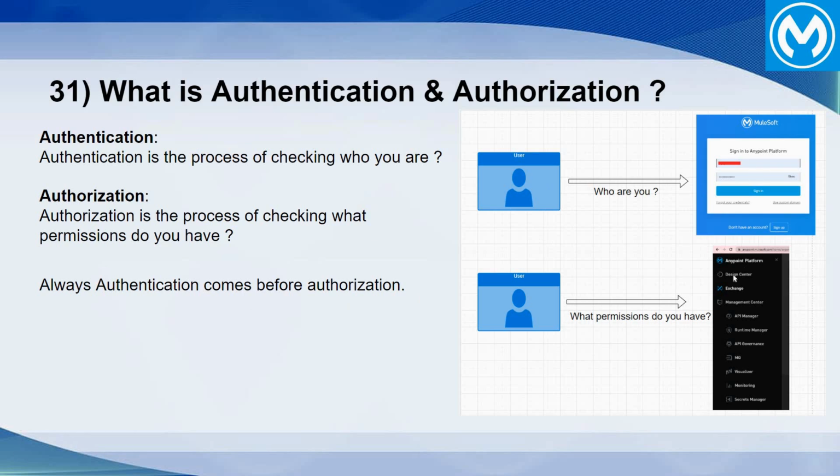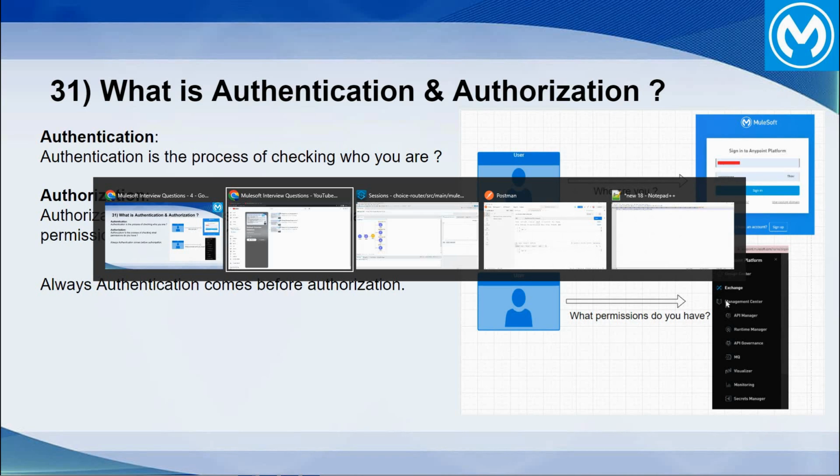So this is the first part and this is the second part. If you see, this is the snap which I took from my real-time enterprise Anypoint platform. If you see here, I don't have access to the access management. Now let's see the same as a small demo.